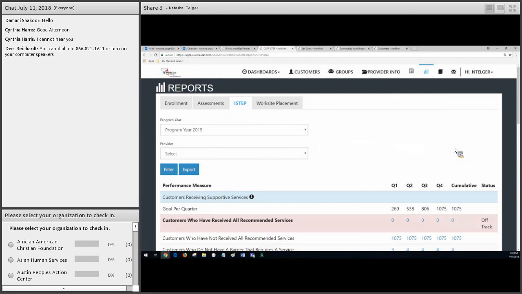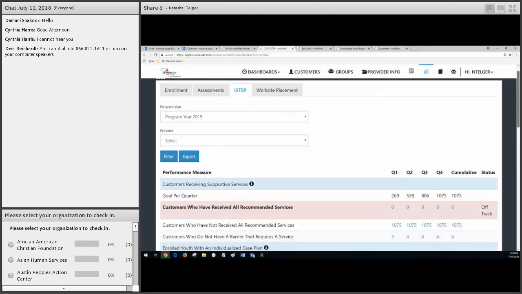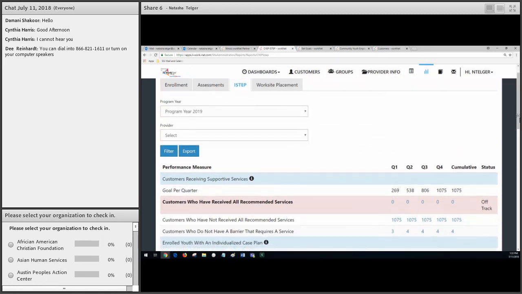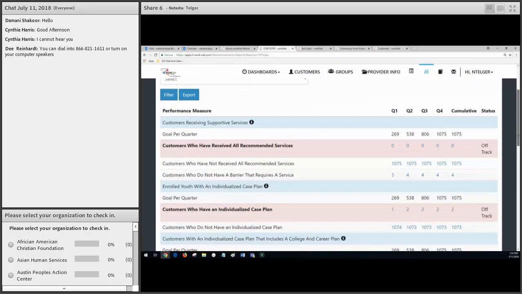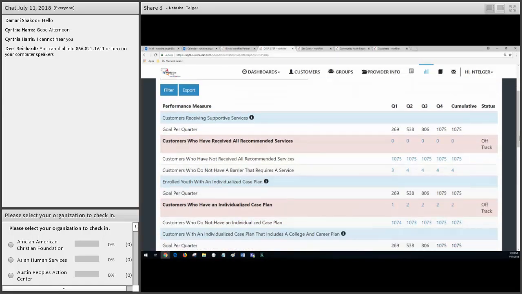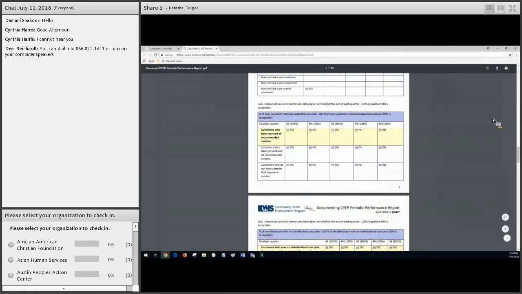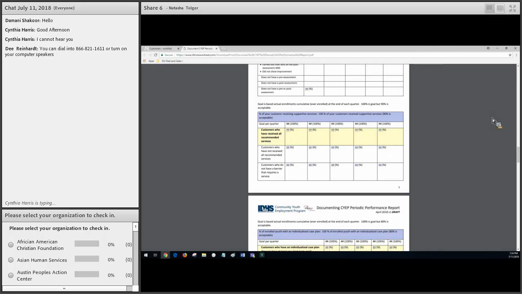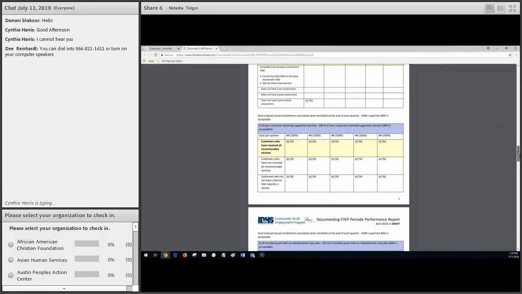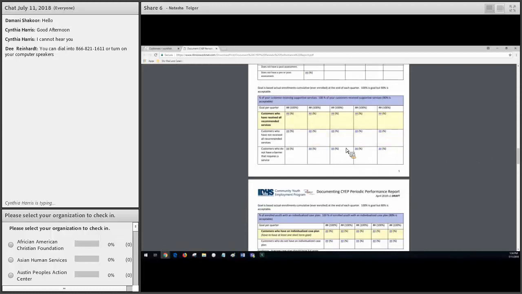Okay. So to start out, we have the ISTEP. And Erin and I went through all these different areas when we were putting together this report and defined the information.